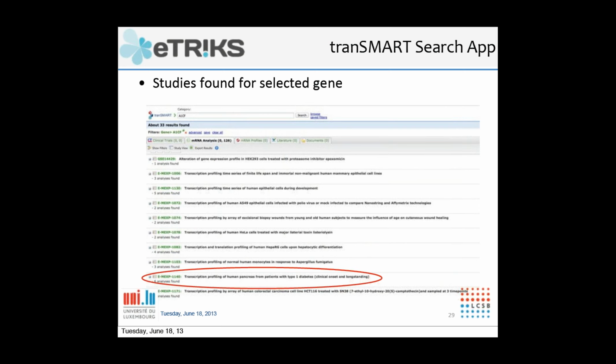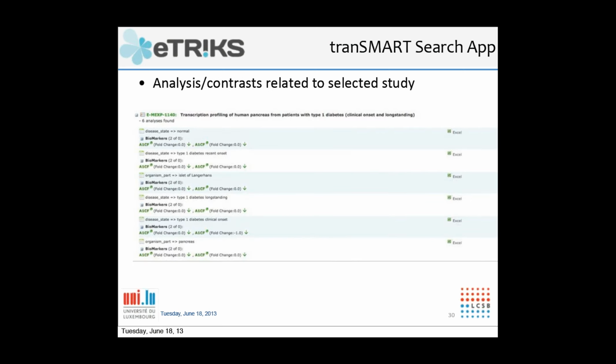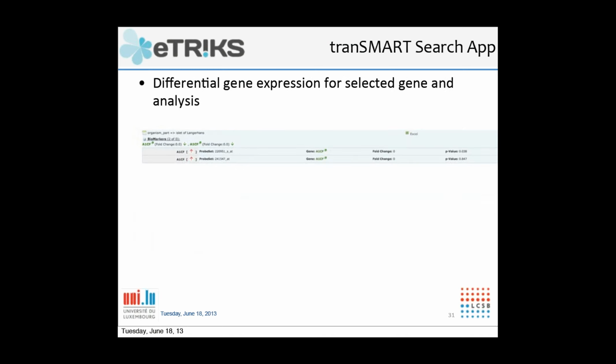If you take a study, then you can see all the different contrasts, and you can see the fold changes. Right now there is a small issue with the fold change. You can see all are listing zeros or 1, even though we have the real values. We are currently trying to fix this, and you can look at the one gene level.